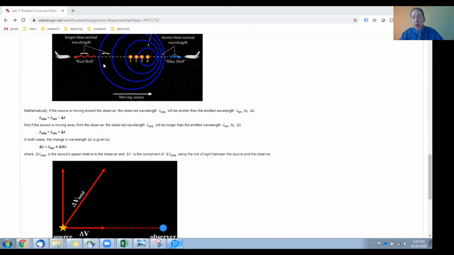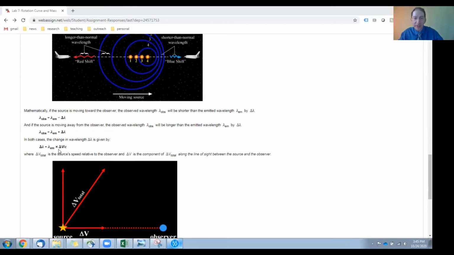If the source is moving away from the observer, the observed wavelength is equal to the emitted wavelength plus the change in wavelength, where the change in wavelength is given by this equation, the Doppler shift equation, and that is equal to the emitted wavelength times the component of the source's motion that lies along the line of sight, delta V, divided by the wave's speed, which in this case is the speed of light.